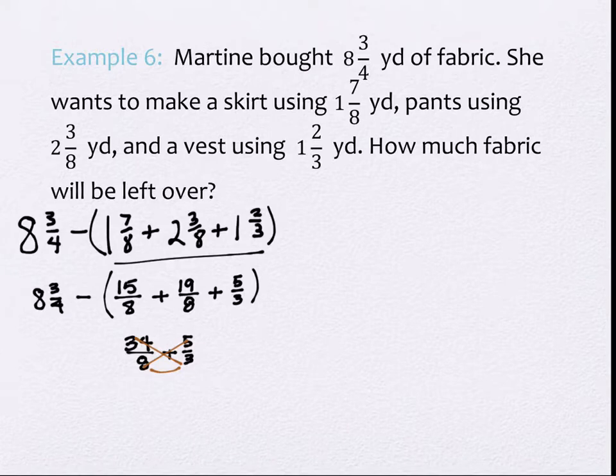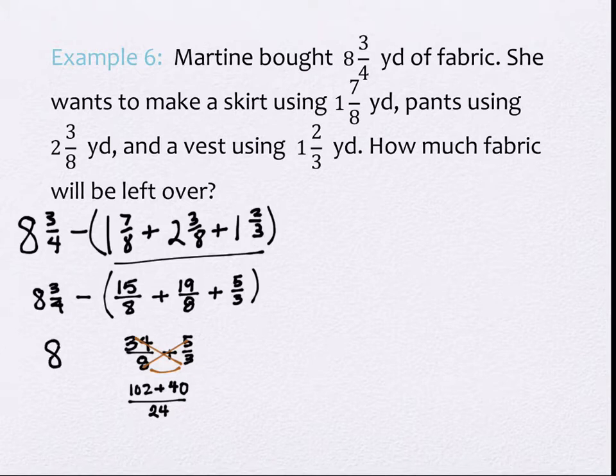So what is 34 times 3? It's supposed to get real big real quick. What is it? 102. 8 times 5. That one's 40. And then 8 times 3 on bottom is 24.